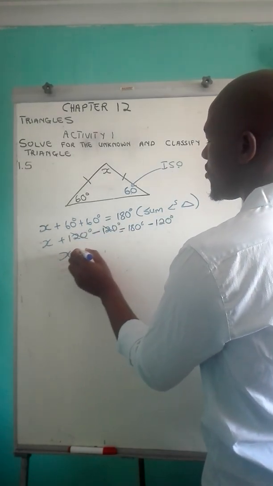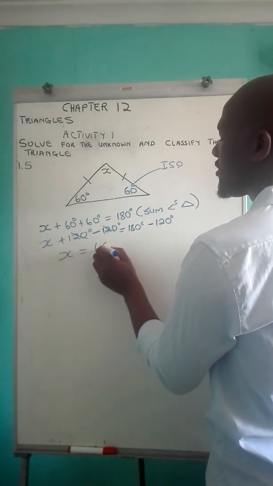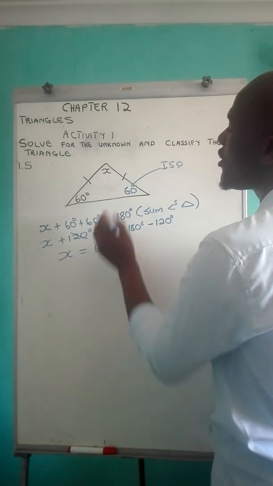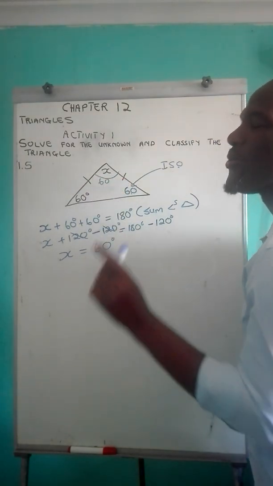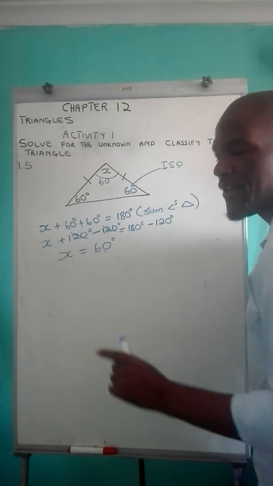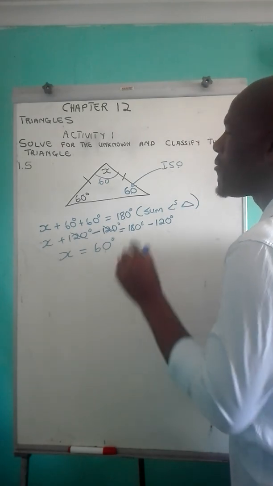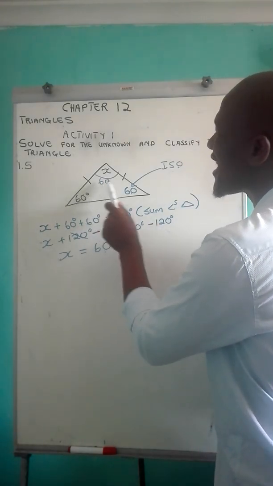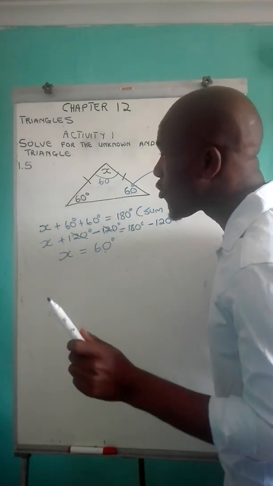So my x will be, what is 180 minus 120? It's going to be 60 degrees. Oh, this is also 60 degrees. Now you can see clearly that this is not an isosceles triangle, but it's an equilateral triangle because all angles are equal.